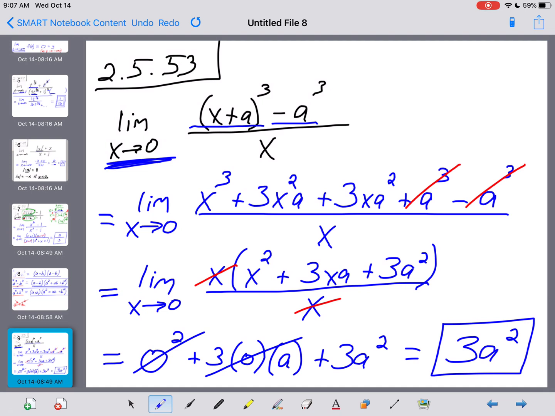For example, if a was equal to 7, your answer would just be 3 times 7 squared, which is 49 times 3, or 147. If a was -2, your answer would be 3 times 4, which is 12. So this answer, even though it doesn't look like it, is written in terms of a constant. We just need to remember that a is not the variable in this limit. The variable is x, and a can be any constant that we want it to be.